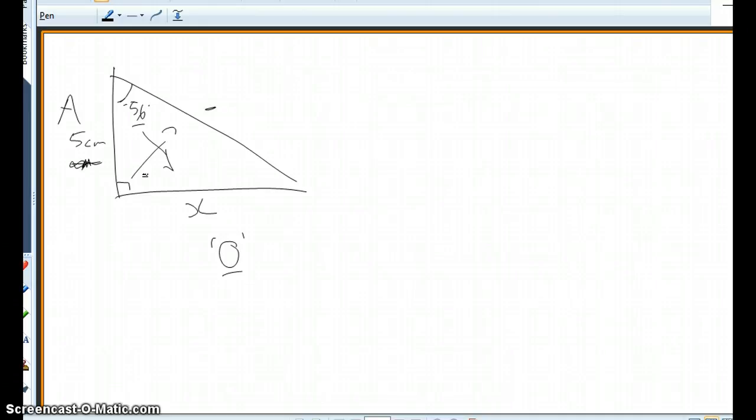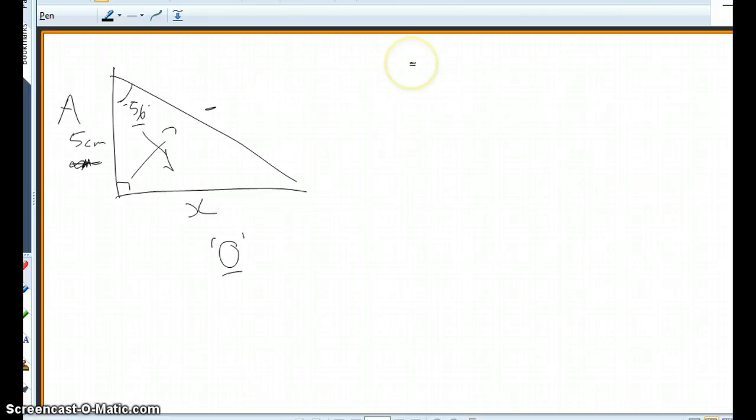What would be the next step that I would take here? Choose which trig function. I understand what you meant, which button to push, which trig function. To do that, what's the acronym that we remember? Thank you. So Cah Toa.